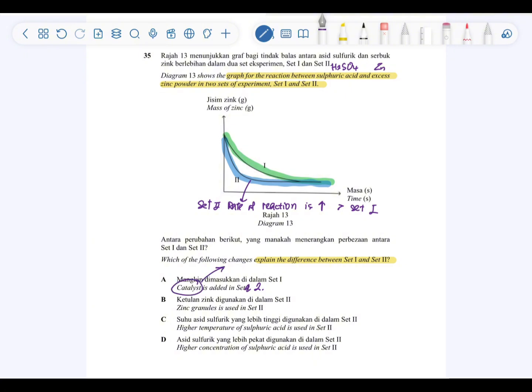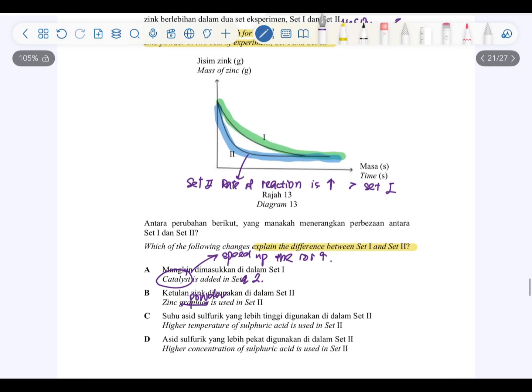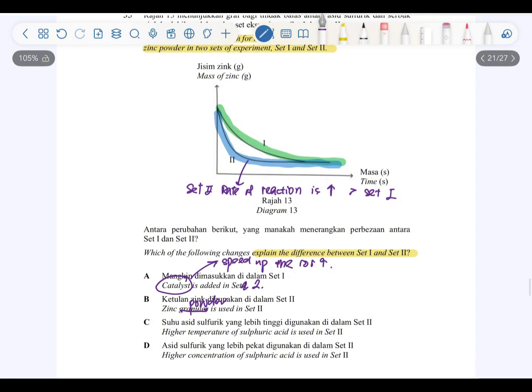For information, a catalyst will speed up the rate of reaction. Then for B, zinc granules are used in set 2. It should be zinc powder instead of zinc granules. If it is zinc granules, it means that it is used in set 1.